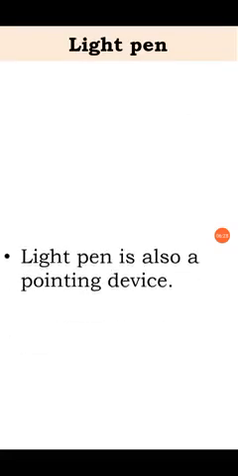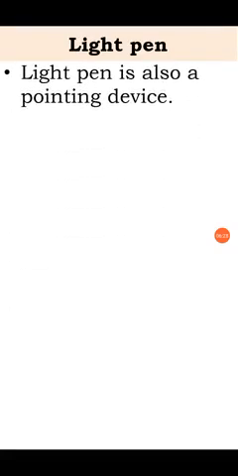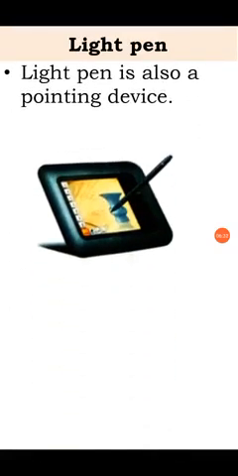Light pen. Light pen is also a pointing device. This is a light pen. With the light pen, you can move a pointer and select an object on screen by directly pointing to the object with the pen.